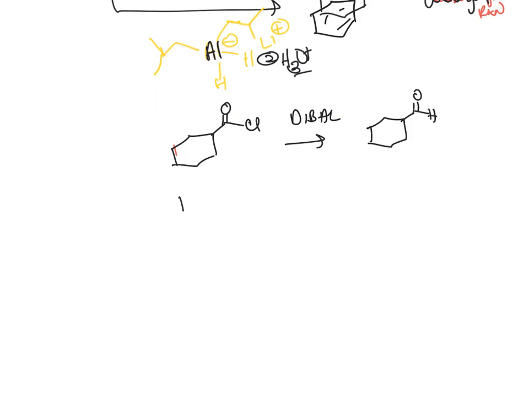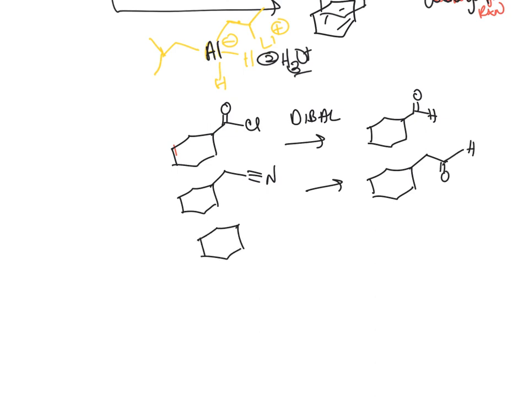You can take the nitrile, right? We just did that one. I think I threw in an extra carbon there, folks. Okay, and then the other one, an ester, will reduce with DIBAL to the aldehyde. Okay?